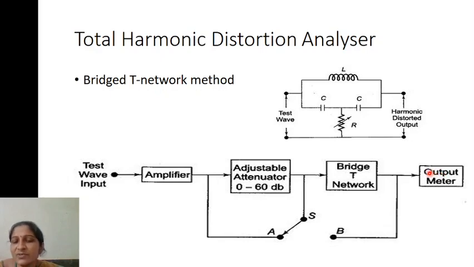And if you want to allow the other frequencies, then the switch is moved to position B, so that the waveform input is given to the amplifier, next the adjustable attenuator, next going to B, and it is going to the output. Here the bridge T network is bypassed, so that only the attenuation components can be displayed, so that this output meter will calculate the total harmonic distortion except the fundamental harmonic.